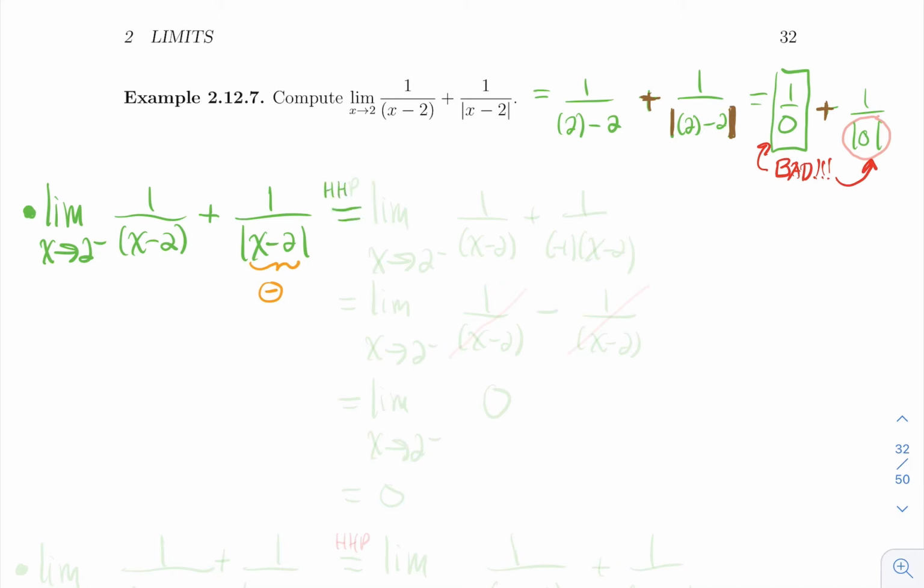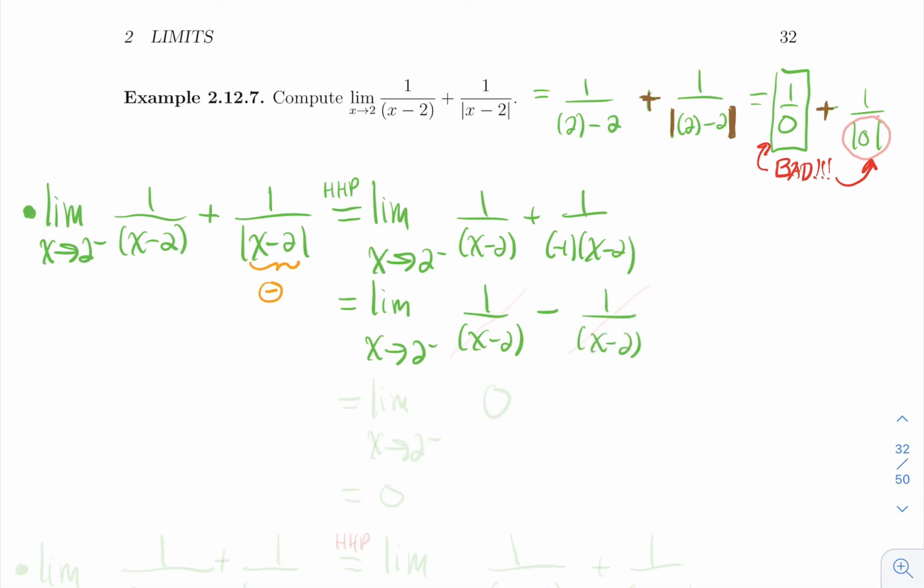So this limit will become, that's a whole principle application, the limit as x approaches 2 from the left of 1 over x minus 2 plus 1 over minus 1 times x minus 2. Now you can simplify this a bit. The minus 1, I'm just going to put up front. So this is the same thing as the limit as x approaches 2 from the left of 1 over x minus 2 minus 1 over x minus 2.